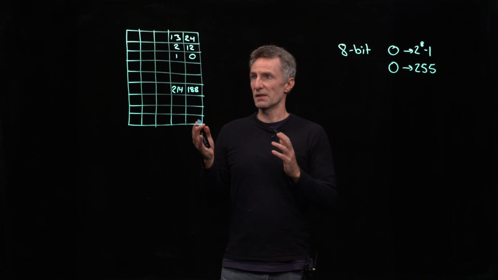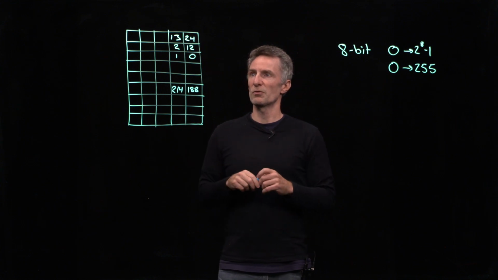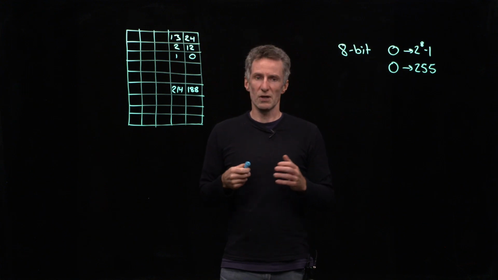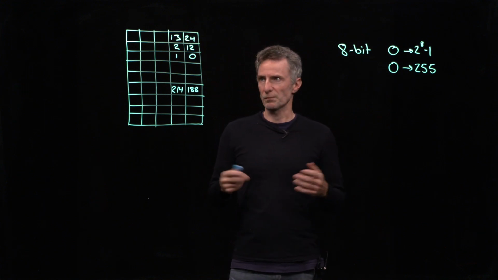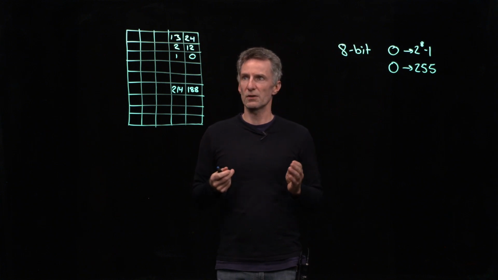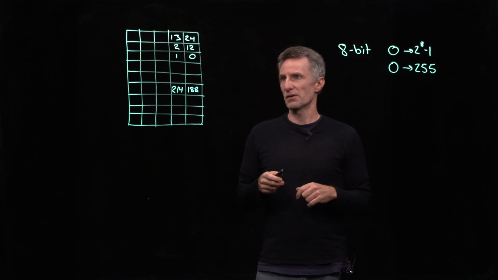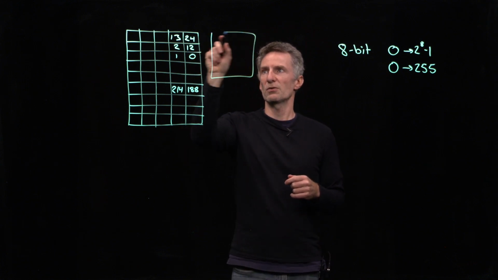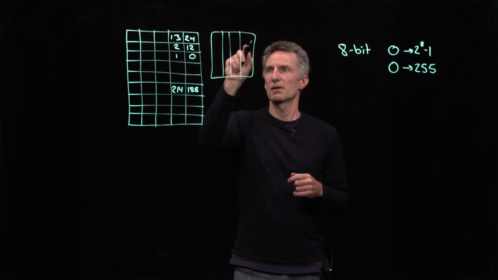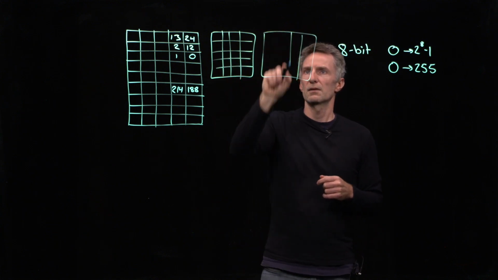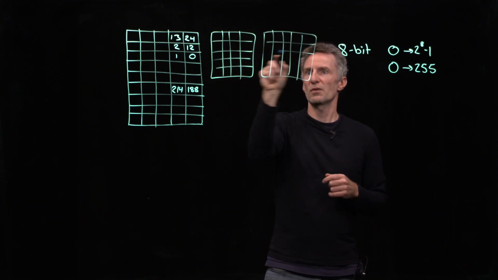So this is the fundamental form in which we store satellite imagery, but most satellite imagery doesn't come in grayscale form. If we want imagery that's in color, we need additional grids. I'm going to draw them smaller now, but you can imagine that you have additional grids, and each grid has a set of numbers in them.